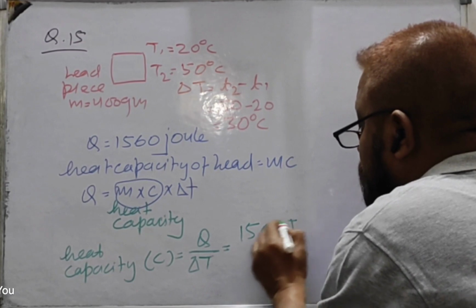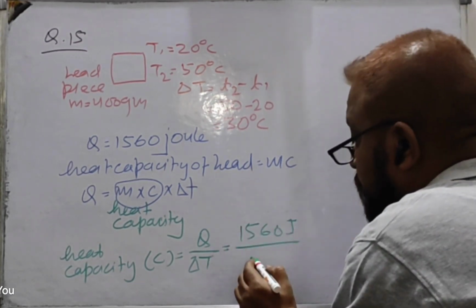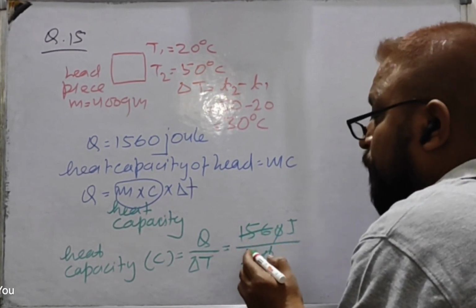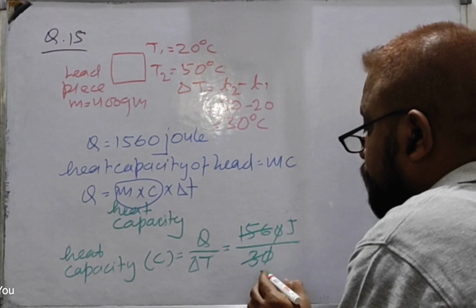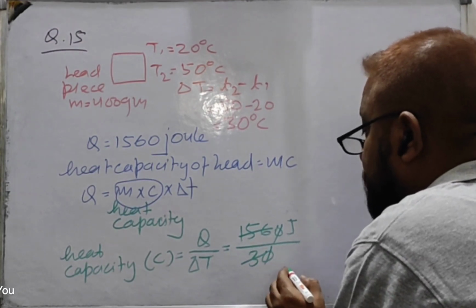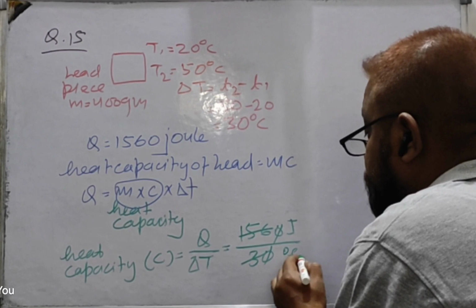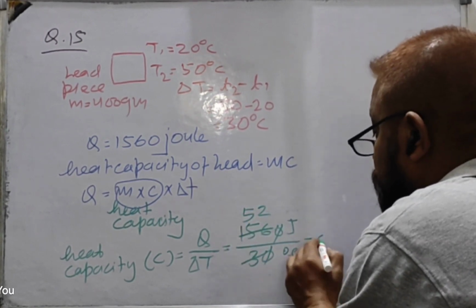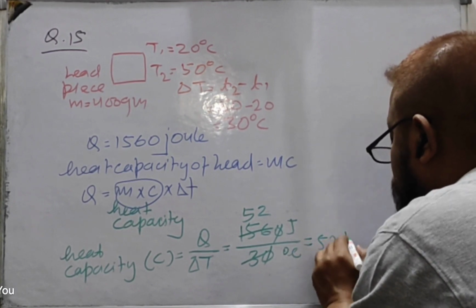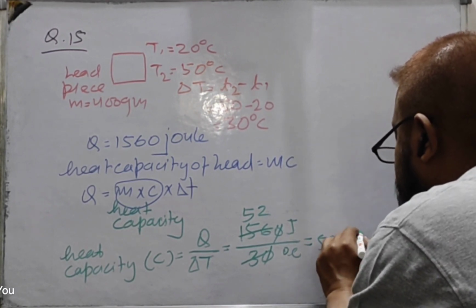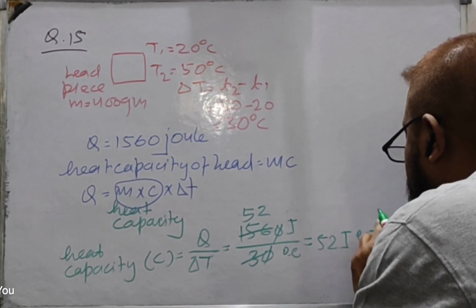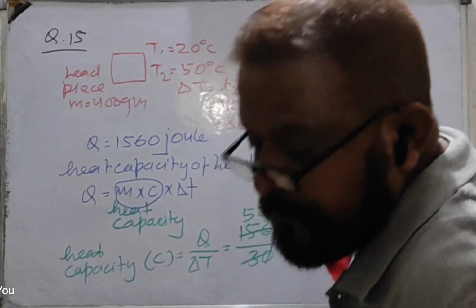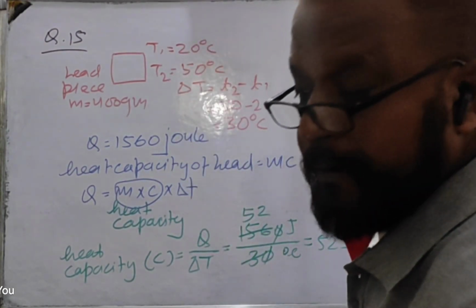Q is 1560 joule and the change in temperature is 30 degrees Celsius. 3 5s are 15, 3 2s are 6, so it is 52 joule per degree Celsius.